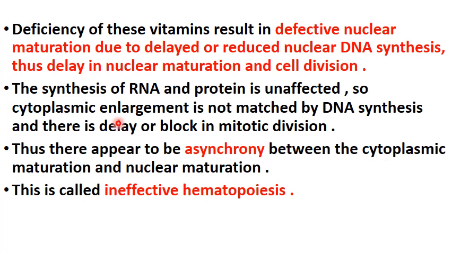Thus, there appears to be asynchrony. Asynchrony, what does that mean? It means the maturation of the cytoplasm differs from the maturation of the nucleus; there is no synchronization between them. There is no synchronization in the maturation between the cytoplasm and the nucleus.